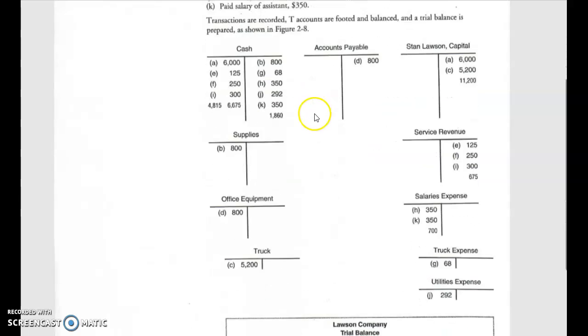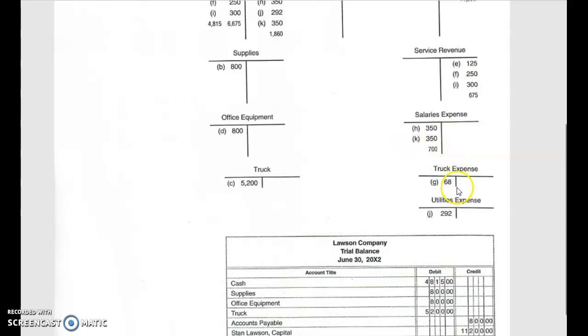That's an expense used in the business. So you're going to call that truck expense. You're not going to put it over here with truck because it's not an asset. It's an expense. And again, expenses have a normal debit balance. So you will label it transaction G and enter it on the debit side for $68.